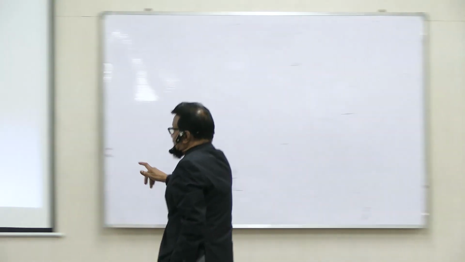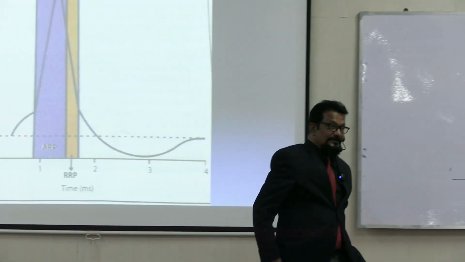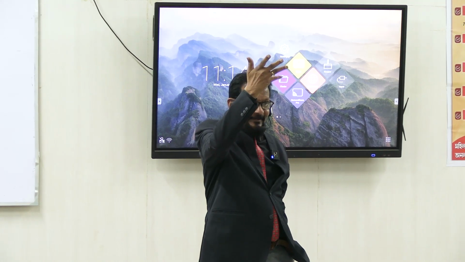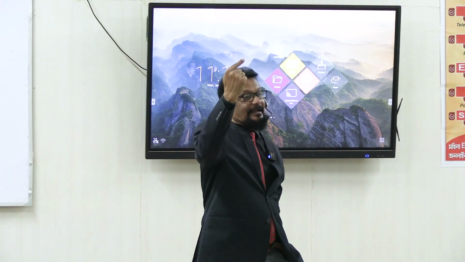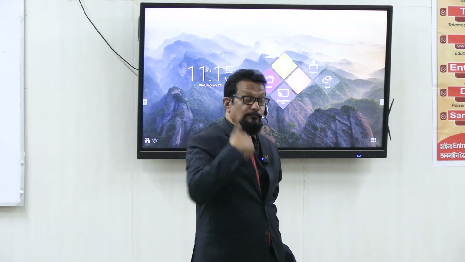But the later phase of the action potential is called the relative refractory period. Why is it relative? If the strength of the stimulus is much more than the threshold, it will be capable of producing another action potential. But the condition is, the strength of the stimulus must be much more than the threshold stimulus.